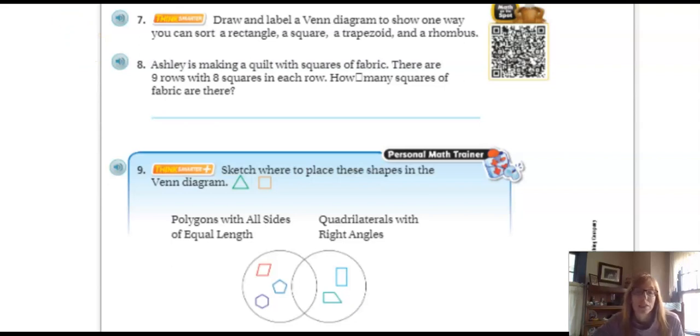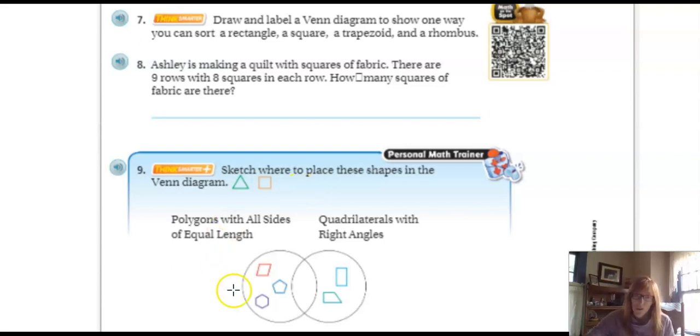Make sure you're practicing. Question number 9. Sketch where to place these shapes in the Venn diagram. So polygons with all sides that are equal. Quadrilaterals with right angles, quad, 4 sides. So hopefully you see where you would put these.